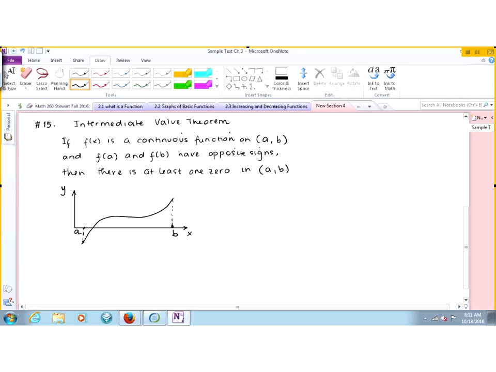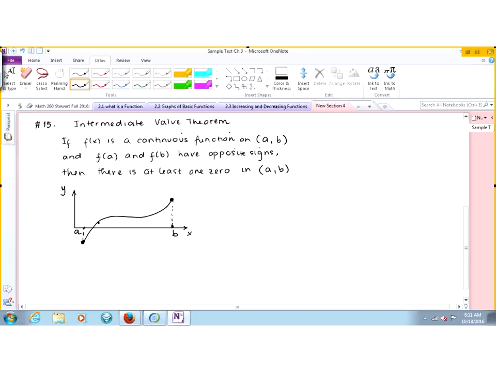If one of them is below the x-axis and the other is above, they have different signs. Below is negative, above is positive. So they have opposite signs. The theorem guarantees that there is at least 1 zero here.